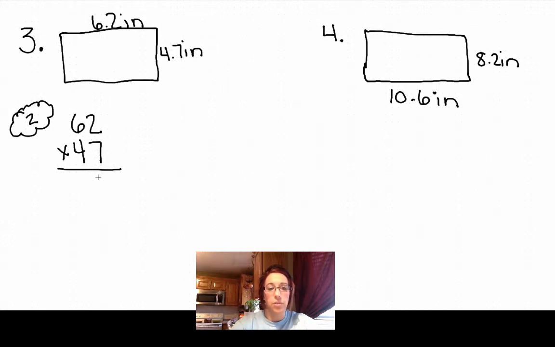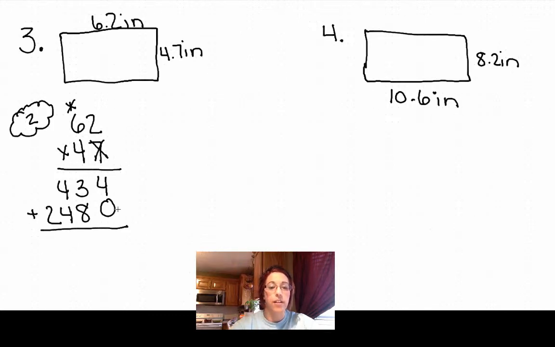7 times 2 is 14. 7 times 6 is 42, plus 1 is 43. Second row starts with a 0, cross out. 4 times 2 is 8. 6 times 4 is 24.